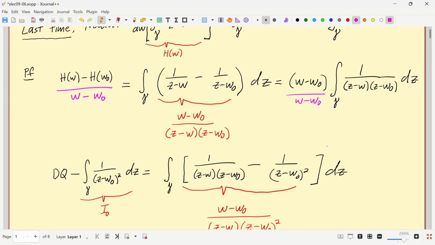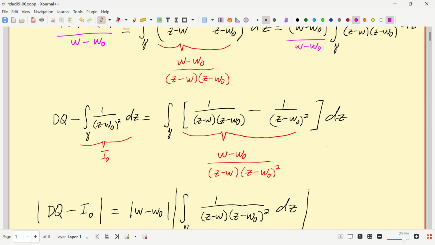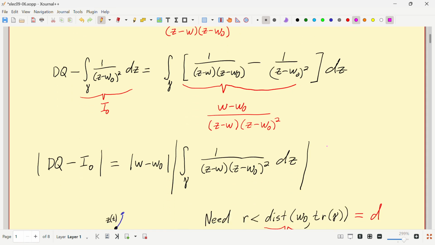Okay, the difference quotient minus I naught then, if you write it down, that difference quotient was the z minus w times z minus w naught in the denominator, and the limit's going to be a z minus w naught squared in the denominator. And you do that same kind of algebra of cross multiplying, and you get another w minus w naught in the numerator times something. And I can pull that out. And that's going to be the key to showing that this goes to 0.